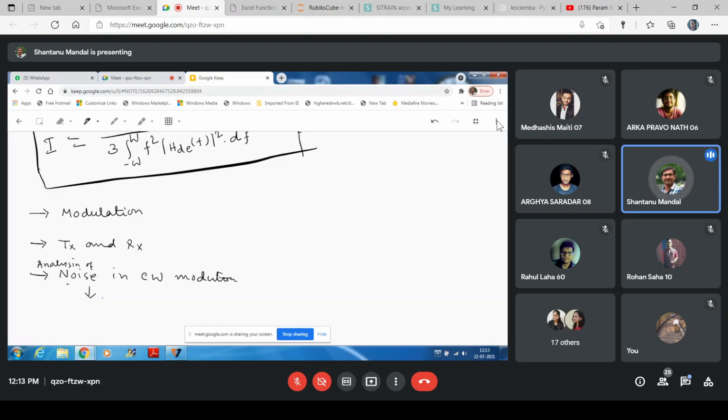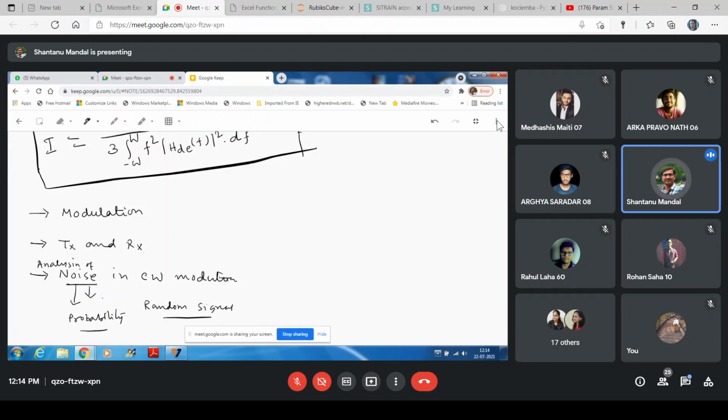For analysis of noise we have used one mathematical tool, which is known as probability. Noise is a random signal, and for random signal analysis we have used probability.